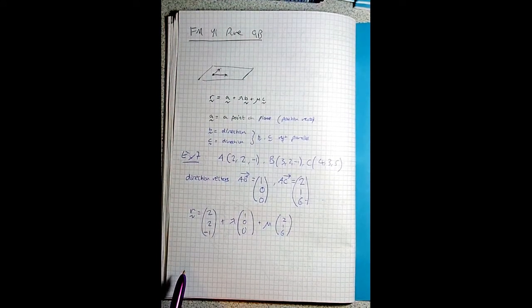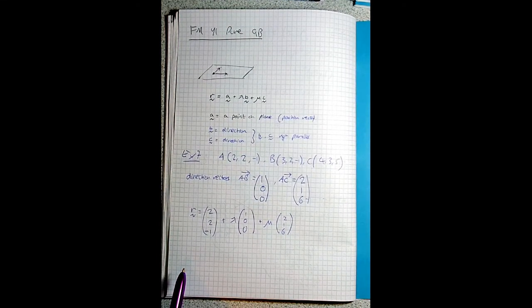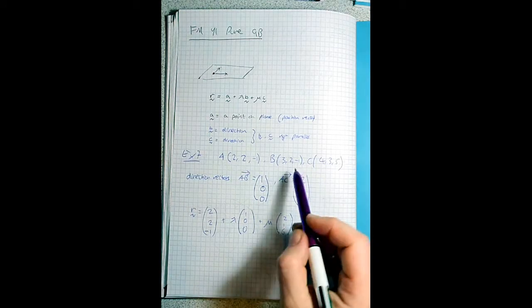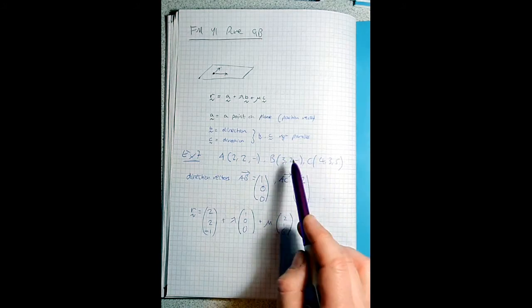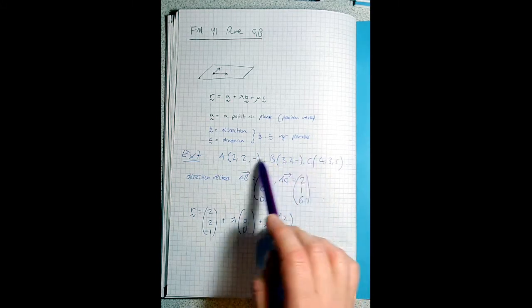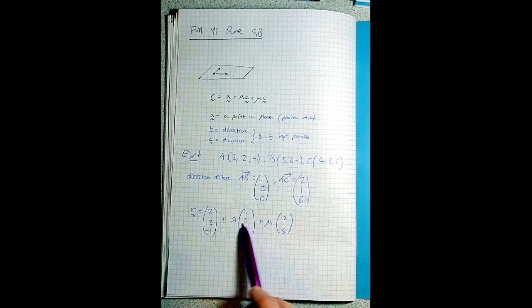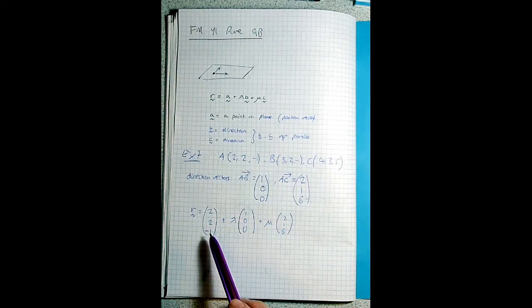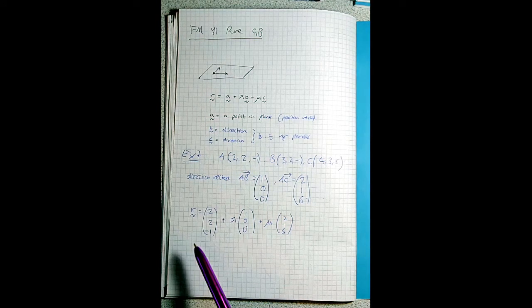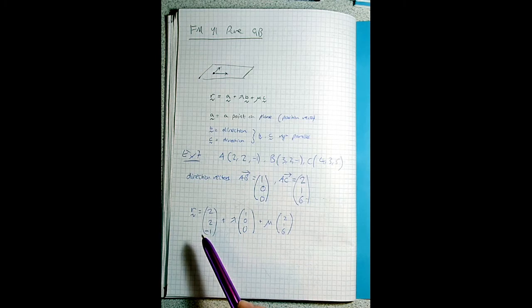Coincidentally, and I hadn't looked at this before, they've actually used those points in the book. But of course, my direction parts could have been A to B, B to A, B to C, C to B. There's a load of different possibilities for my direction parts, and 3 different possibilities for my position parts. So there are a lot of different ways to describe the same plane.